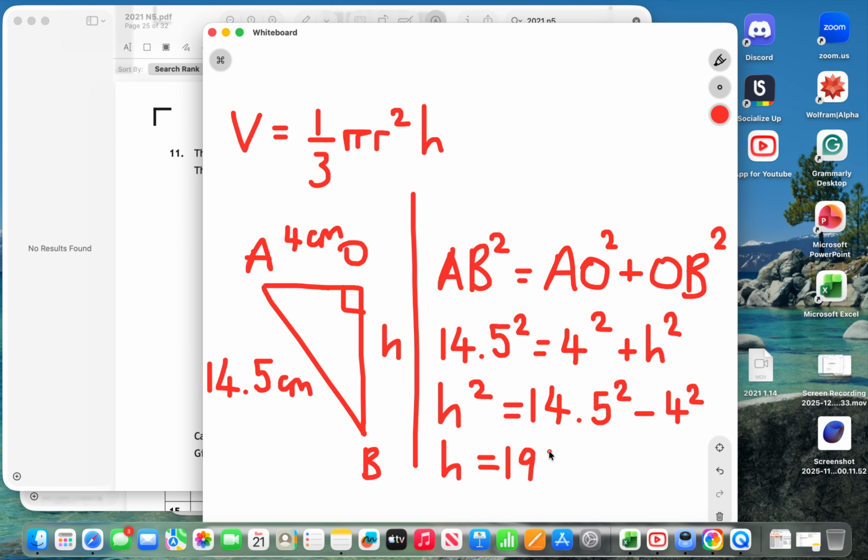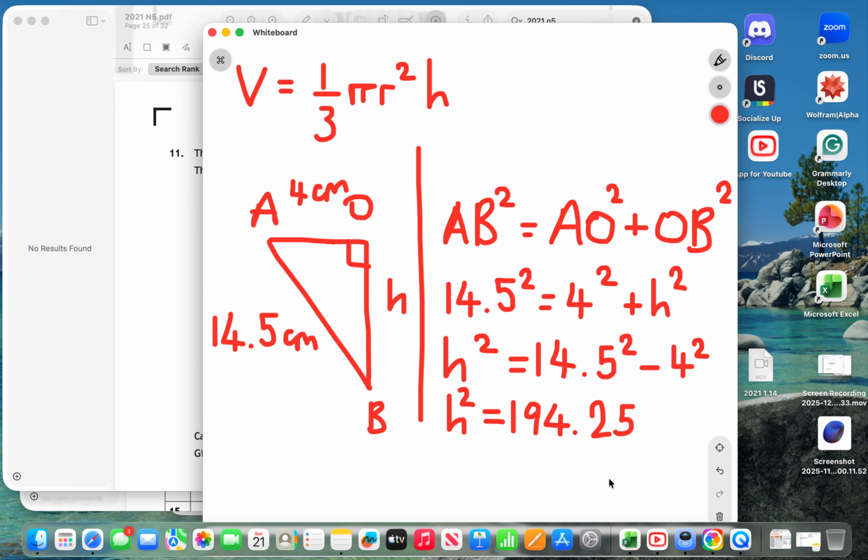Or h squared, I meant to put 0.25, and the square root of that is 13.93736 to 5 decimal places.